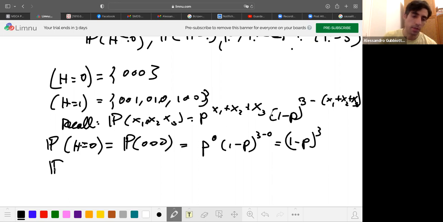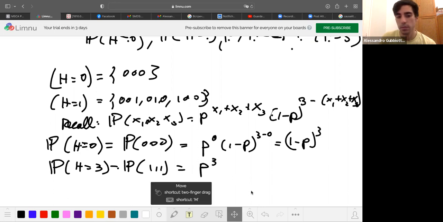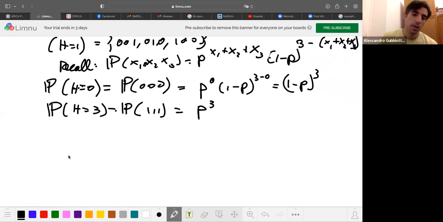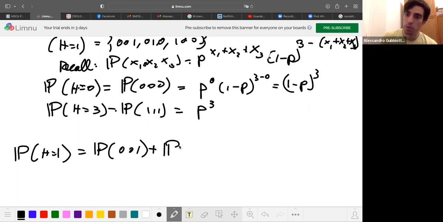You can check that the probability of H equal to 3 is equal to the probability of 1, 1, 1, which is equal to p to the power of 3. Let's now compute the probability of H equal to 1. This is equal to the probability of the elementary events that compose it: 0, 0, 1, plus 0, 1, 0, plus 1, 0, 0.